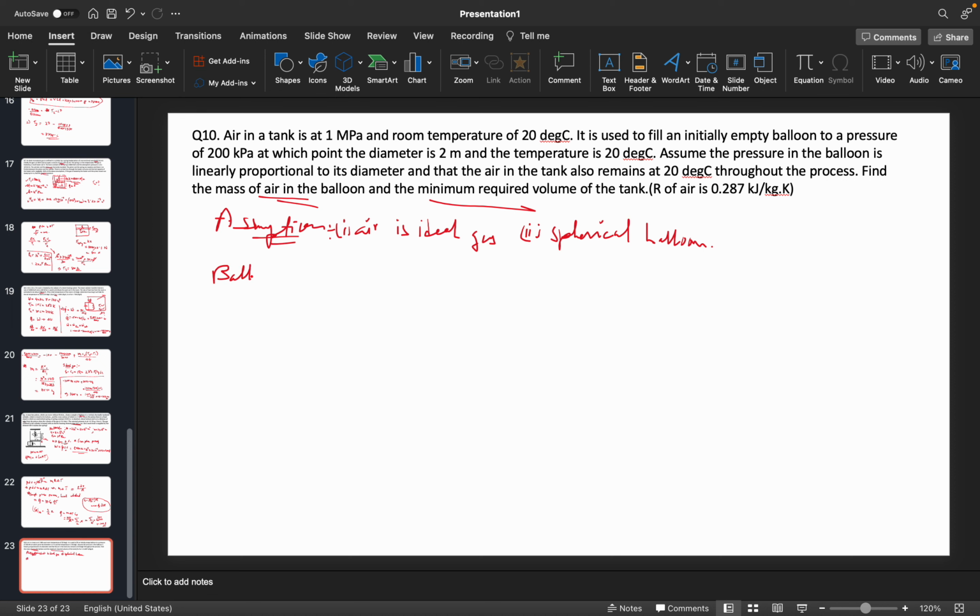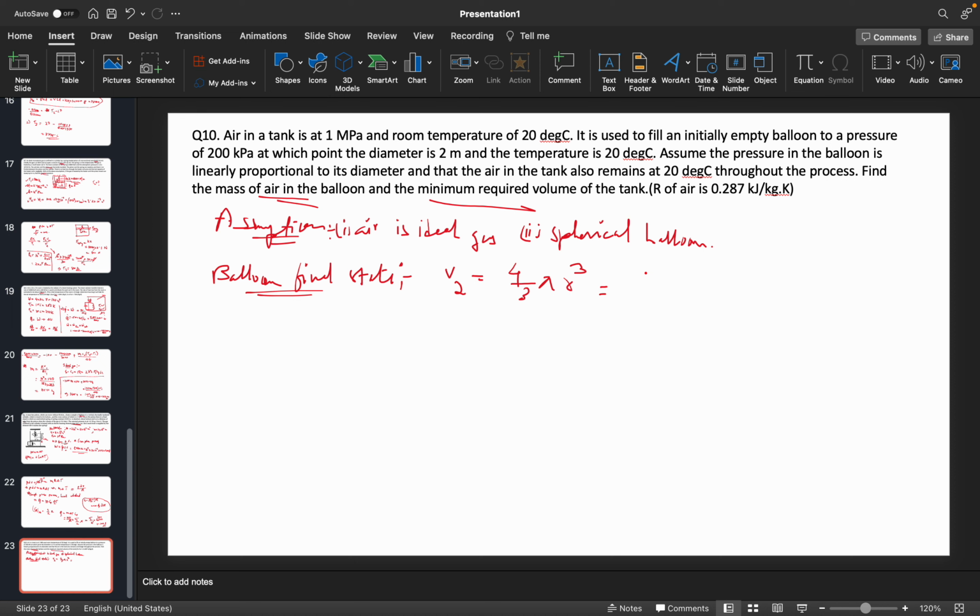So let me take out the balloon final state. In the final state, the balloon's volume V2 will be 4 by 3 pi R cube.